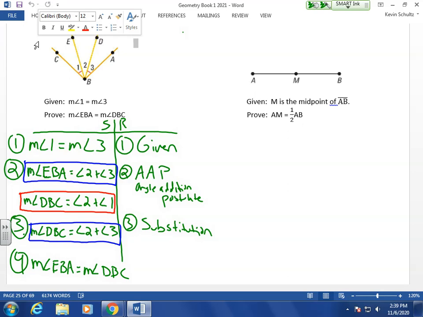Because if EBA is 2 plus 3 and DBC is also 2 plus 3, then EBA has to equal DBC because of the... starts with a T, ends in transitive. Transitive. Awesome job, folks. Very good. Whenever you are in the situation where you're comparing 3 things, EBA, DBC, 2 plus 3, those are 3 things, it's likely going to be the transitive property.